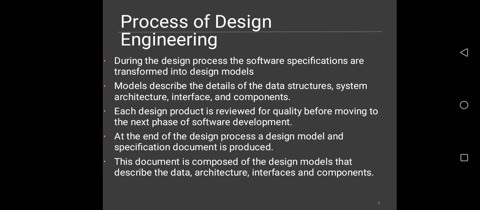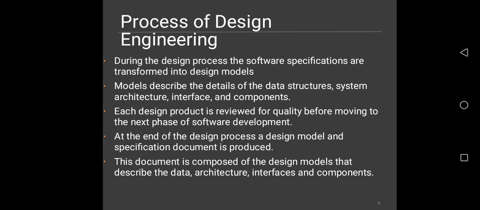Process of design engineering. During the design process, the software specifications are transformed into design models. I told already, models describe the details of the data structures, system architecture, interface, and components. Each design product is reviewed for quality before moving to the next phase of software development.